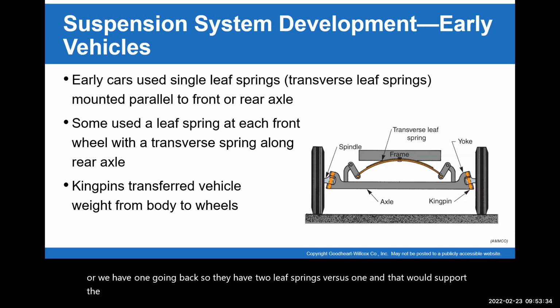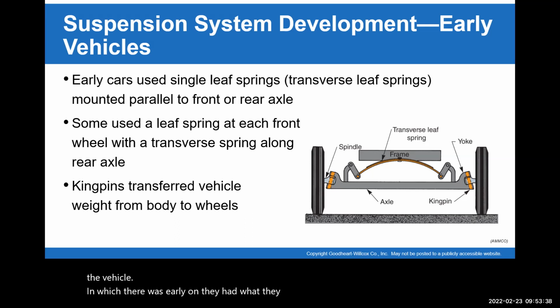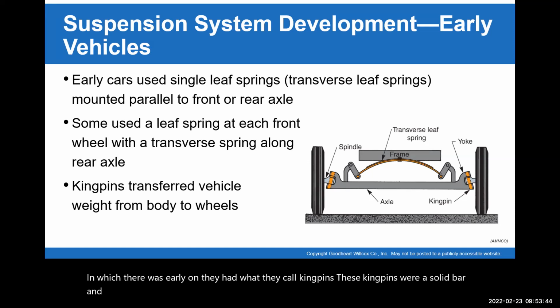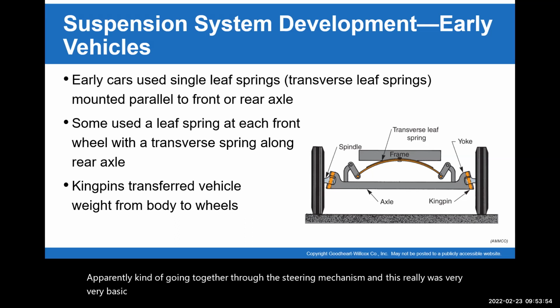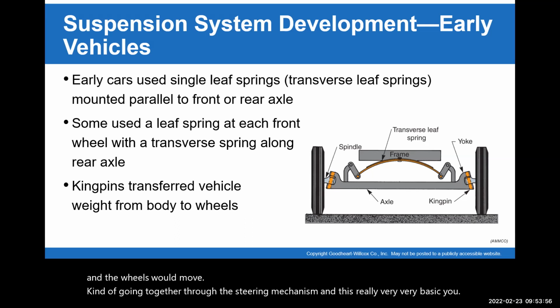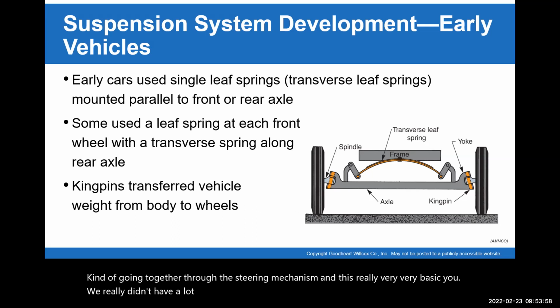And early on, they had what they called kingpins. These kingpins were a solid bar, and the wheels would move, kind of going together, through the steering mechanism. And this really was very, very basic. We really didn't have a lot of comfort, let's put it that way.